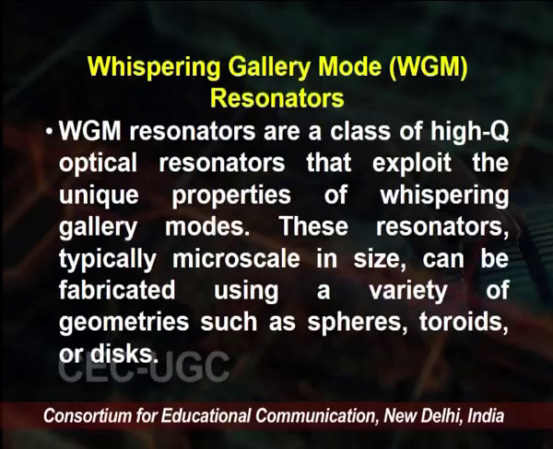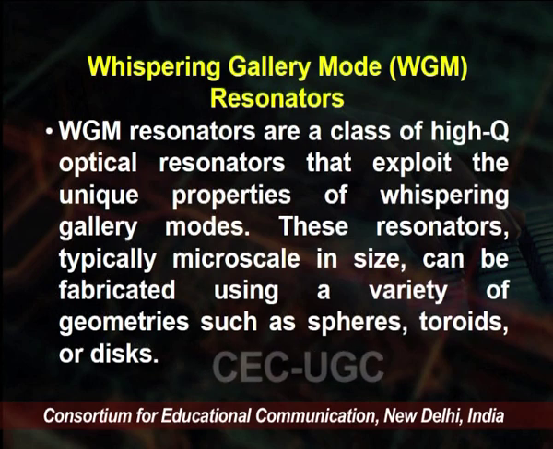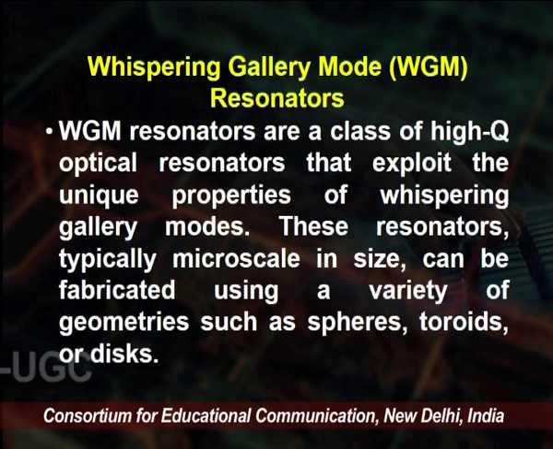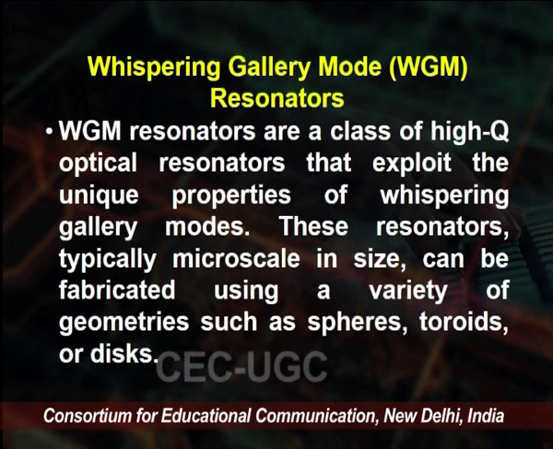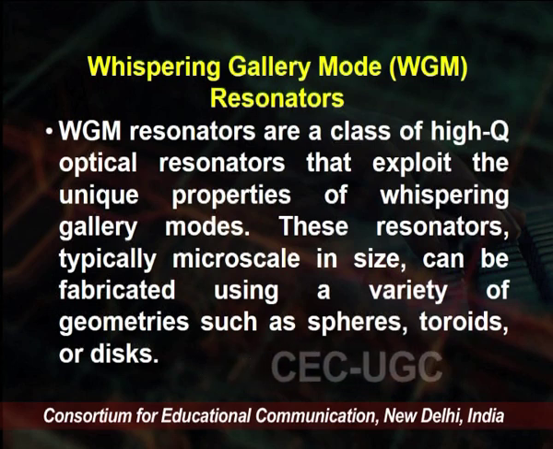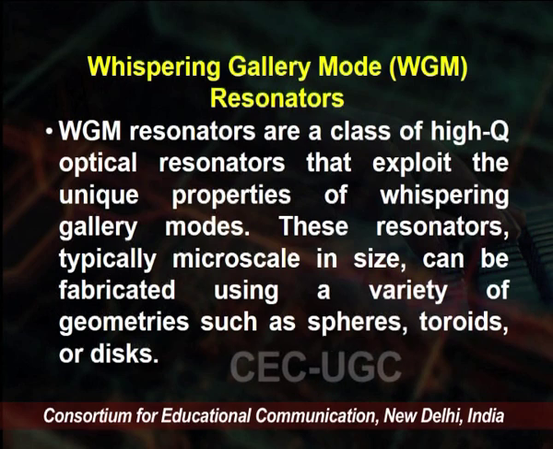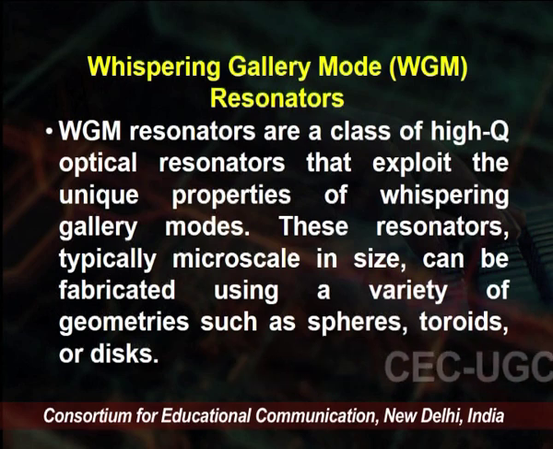Another type of resonator is the whispering gallery mode resonator. These WGM resonators are a class of high Q optical resonators that exploit the unique properties of whispering gallery modes, and they are typically micro scale in size and can be fabricated using a variety of geometries like the sphere, toroid and the disc.